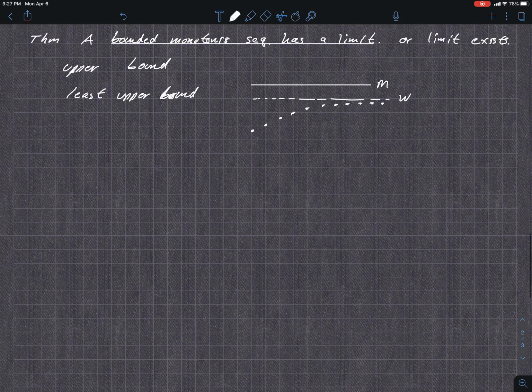Okay, let's jump to something I'm just throwing out there because it's an important one. This is called the completeness property.